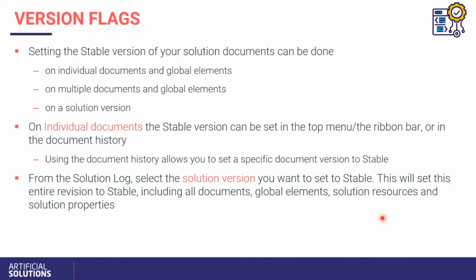On individual documents and in the solution logs, you really get to decide what particular version of the document you want to set the stable version on. Maybe it's not the latest, maybe it's a previous one. You get to decide. If you select multiple documents like in the folder, then you're selecting the latest version and setting that one to stable.